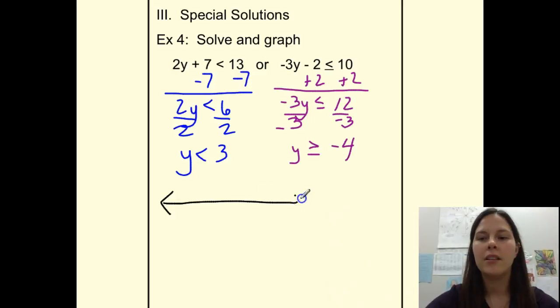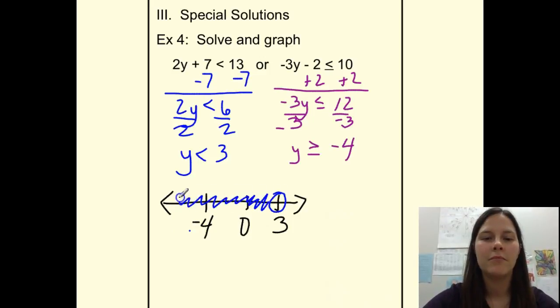Setting up our number line, we have negative 4 and 3, with 0 slightly closer to 3. y is less than 3, so I have an open circle shading left. And then we have y is greater than or equal to negative 4, greater than shades right.